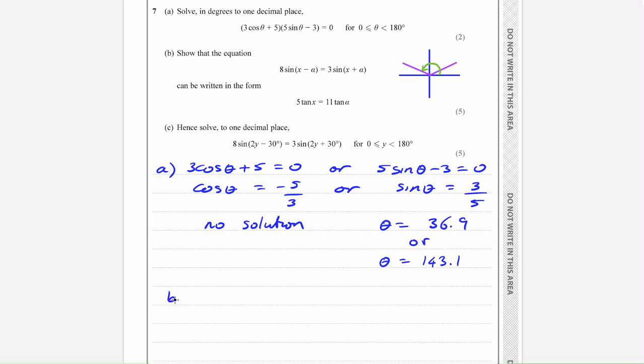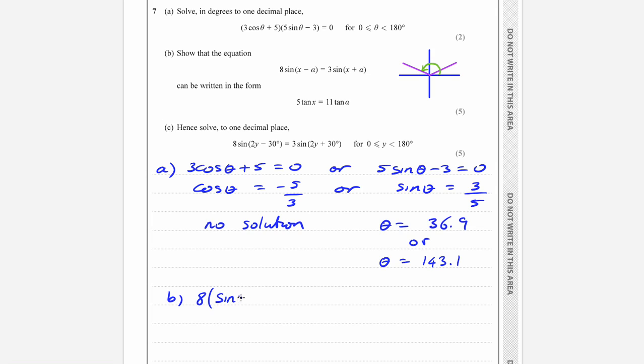Then part B, show that the equation can also be written in this form. Okay, 5 marks, guys. This is not going to be simple, I'm guessing. So we have 8 sine(x minus alpha), right? If we use our compound angle identity, guys, sine(A minus B) is sine A cos B minus cos A sine B. Make sure you can do this from the formula book.